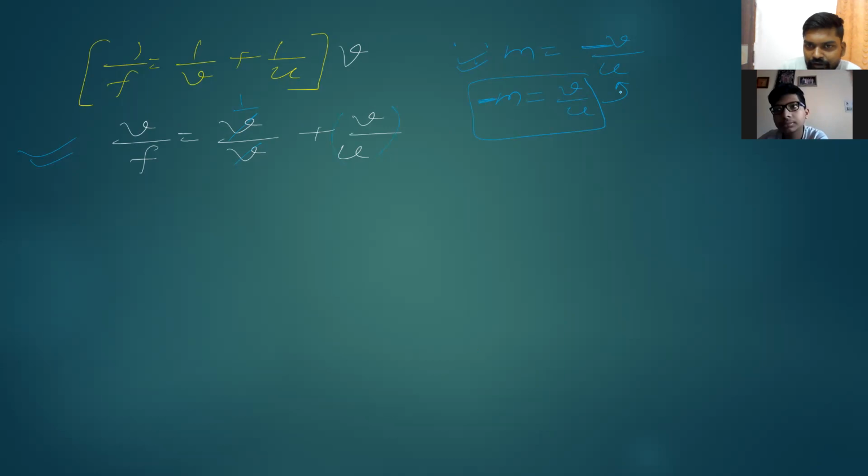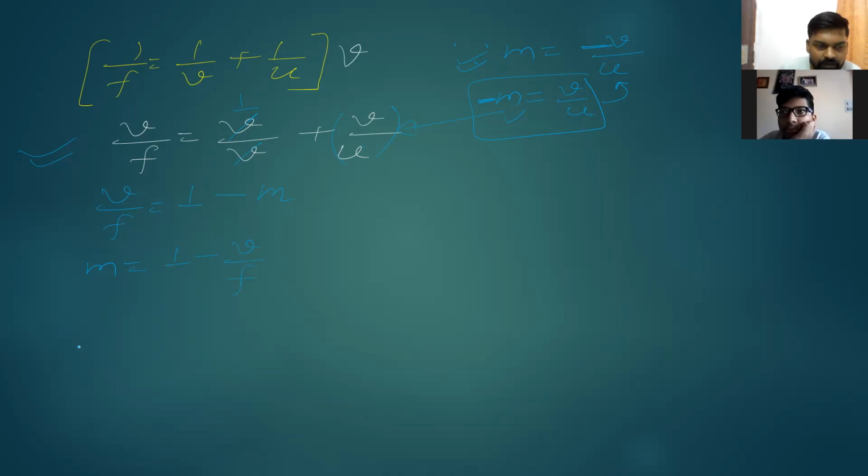So put the value of v upon u here. So this should be v upon f is equal to 1, and minus v upon u is what? Minus m. So this will be m is equal to 1 minus v upon f.